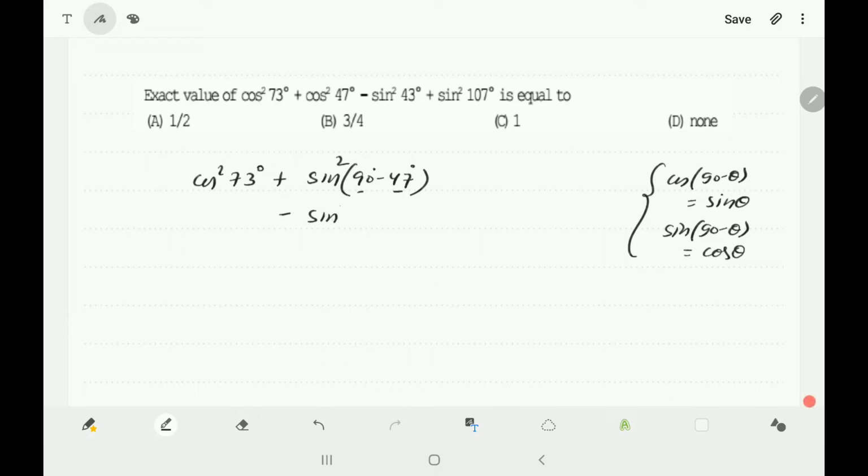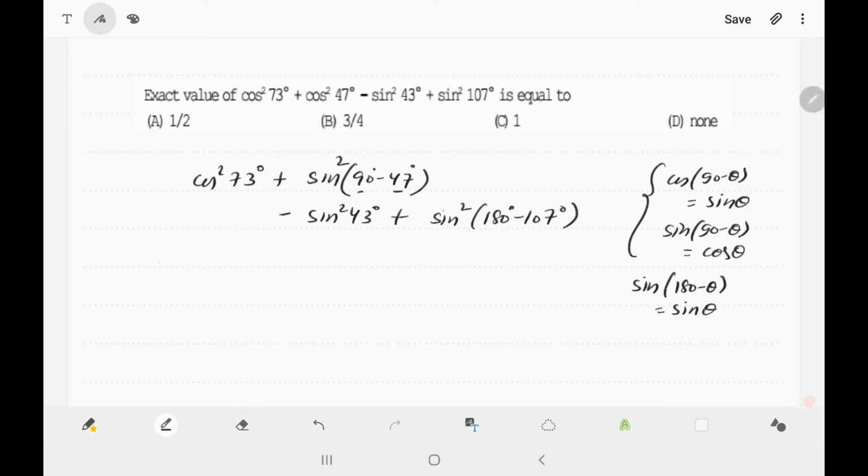Minus sine square 43 degrees, let's keep it like this only. And sine of 107 degrees, we can write this as sine of 180 degrees minus 107 degrees, because sine of 180 minus theta is same as sine theta. Because sine of pi minus theta will come in the second quadrant, and sine of pi minus theta will give us sine theta only.